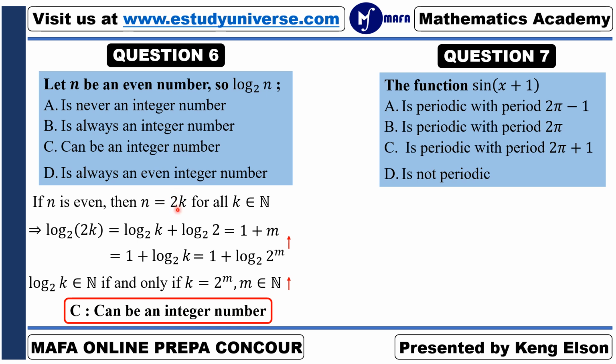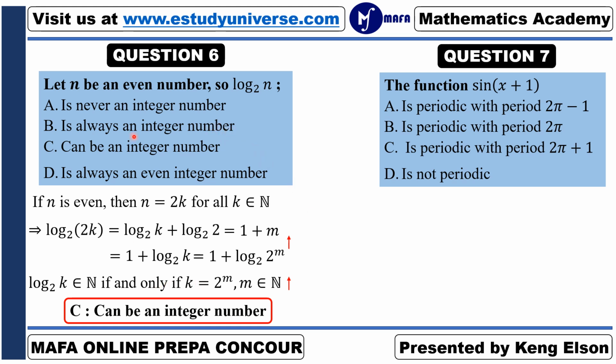If n is equal to 4, logarithm to the base 2 of 4 is logarithm to the base 2 of 2 squared, which is 2. So it's an integer, a positive whole number actually.